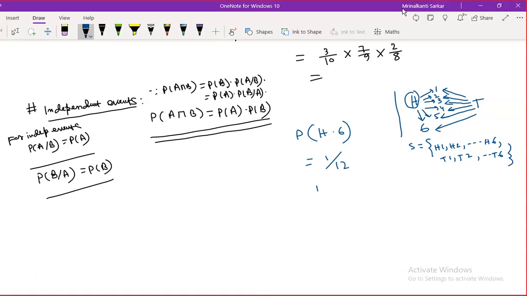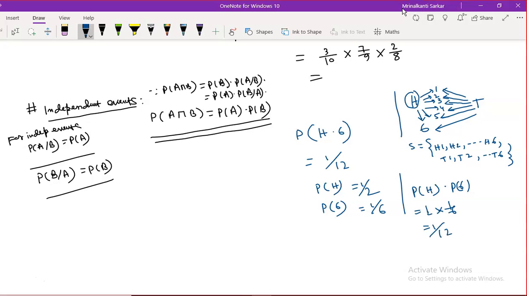But now somebody wants to check whether they are really independent or not, because here you found it by counting. Probability of head will be what? 1 by 2. Probability of getting a 6 will be what? 1, 2, 3, 4, 5, 6, so 1 by 6. You multiply these two: P(H) into P(6), half into 1 by 6. The result is 1 by 12.